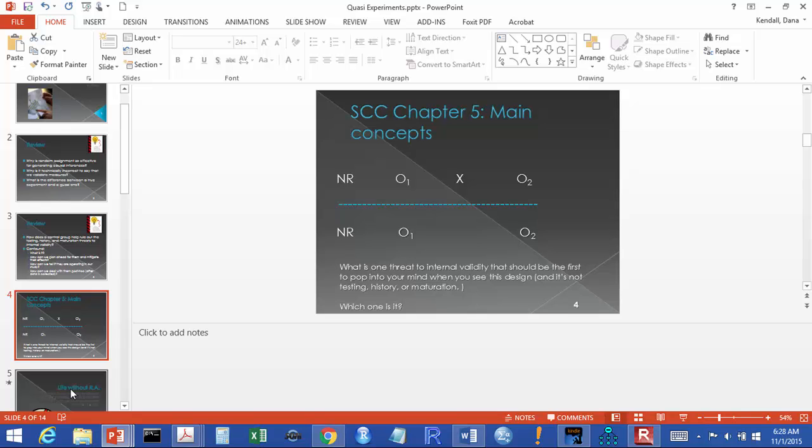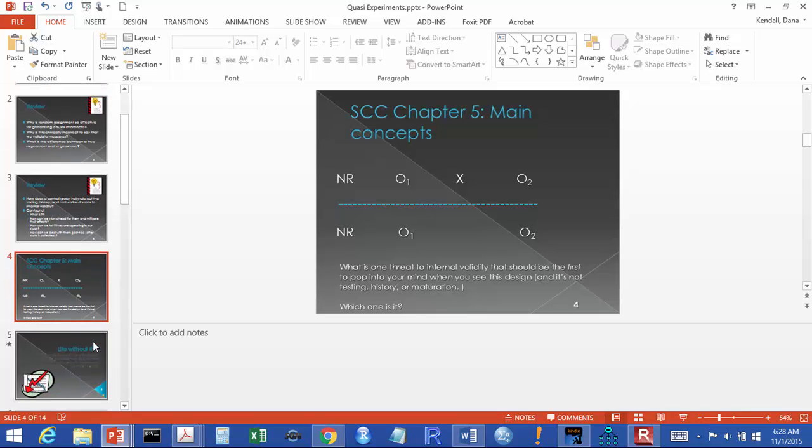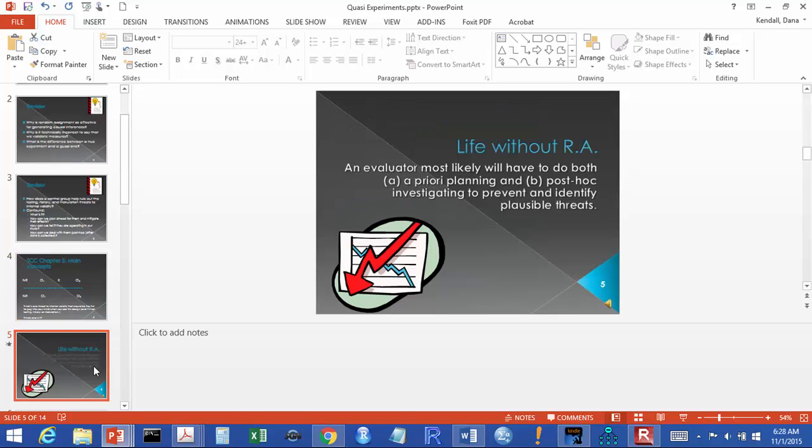So SEC uses the term selection by testing threat, and that is just another term for local maturation or local testing. But again, selection threat is the basis of this because it's only happening in one group, and it's happening because there was no RA, and these groups are systematically different from one another based on some characteristics.